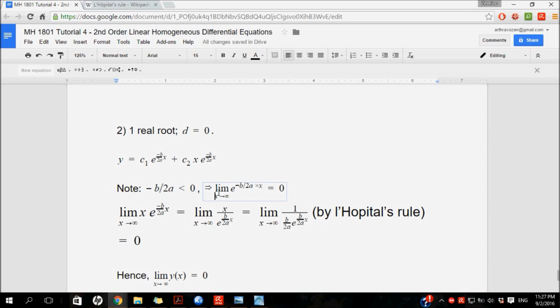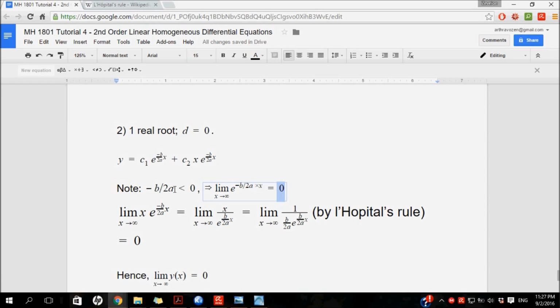Therefore, we see that the limit of this term, the exponential of minus b divided by 2a times x, is going to be 0. What about the second term?